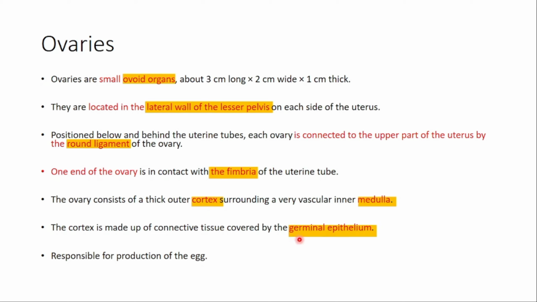So germinal epithelium covers the cortex, and the cortex has follicles in different stages of maturation or development, and cortical transplant can be done to treat cases of infertility. And then the medulla, we said, is the inner vascular layer having blood vessels and lymphatics that drain and supply the ovary. So the ovary is responsible for production of the ovum.